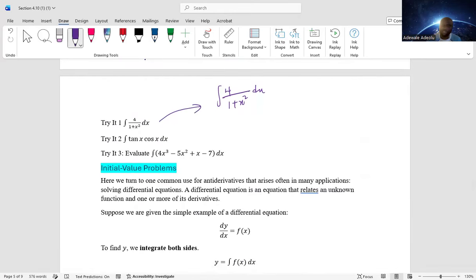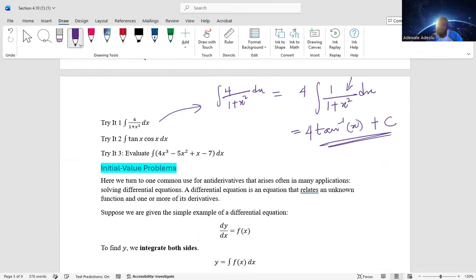But you would notice that I can write this as 4 times the integral of 1 over 1 plus x squared dx. And remember, this is a standard derivative for a particular function. And what is that function? It is tangent inverse. So I have 4 tan inverse of x, plus c. Answer. It is as simple as that.